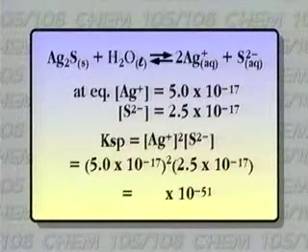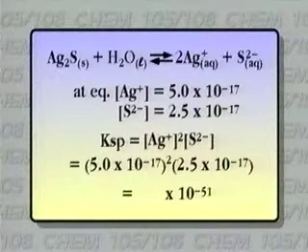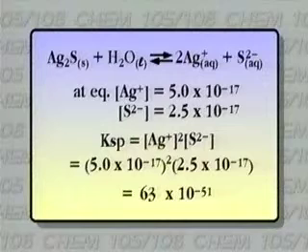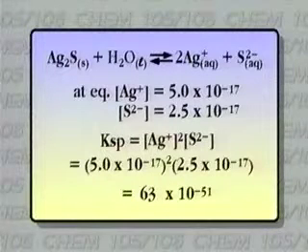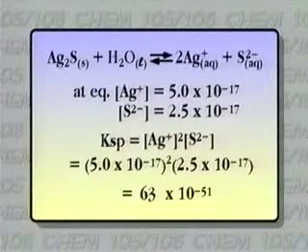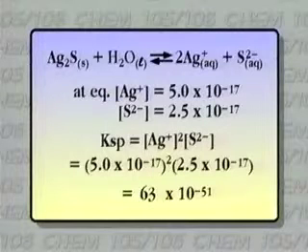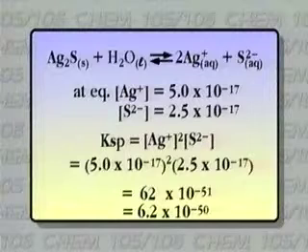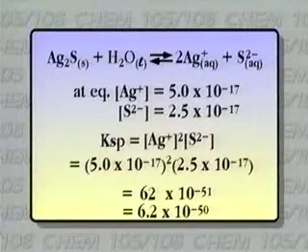Let's see, 5 squared would be 25 times 2.5 would be 62 and a half, 63 times 10 to the minus 51, or we would probably rewrite that as 6.3 times, actually it should be 62 because it's one of those exact 5s.